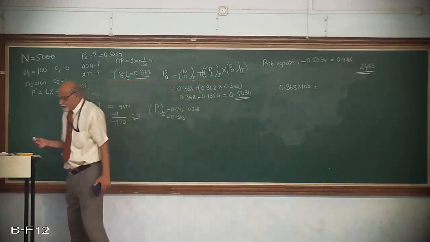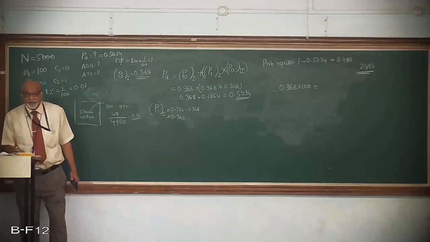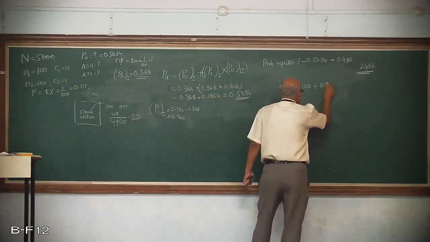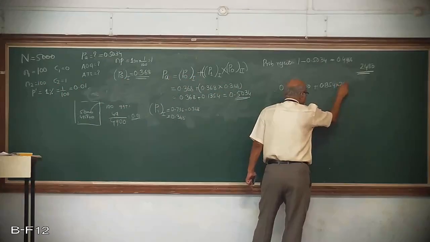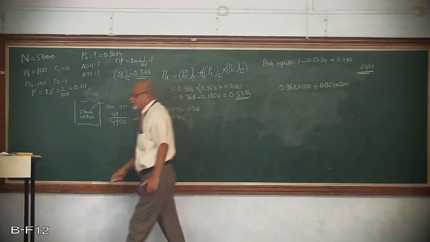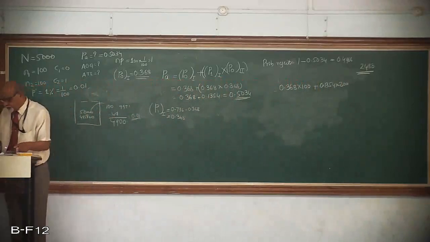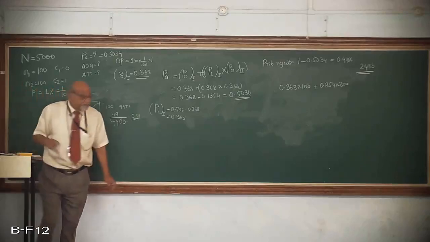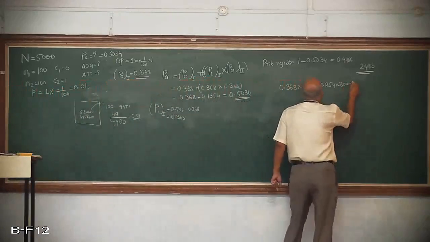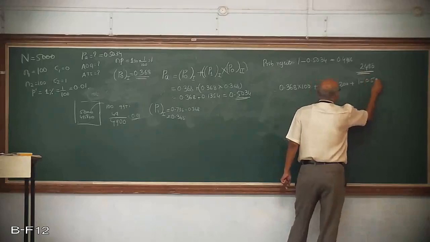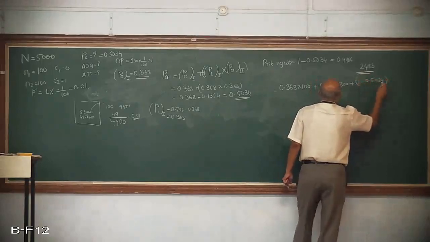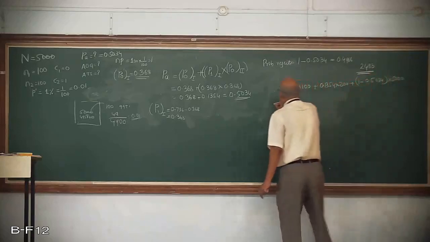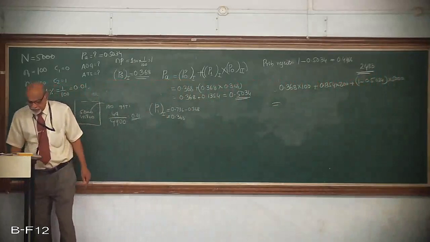What probability of acceptance was there? That is 368 items inspected, plus this one. The total is 2,547.